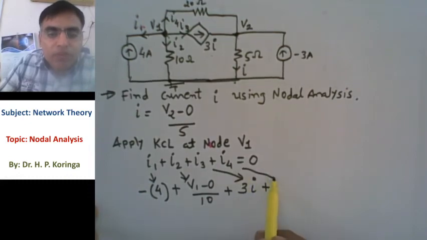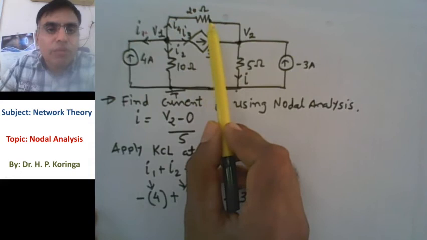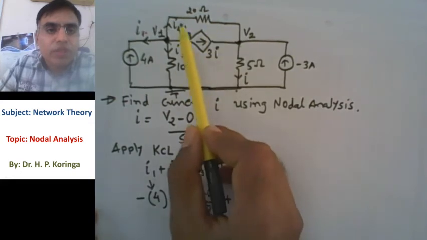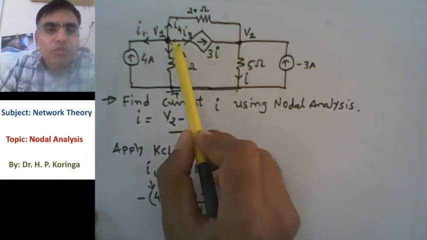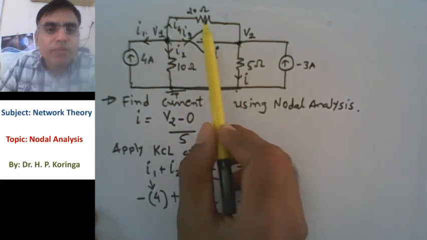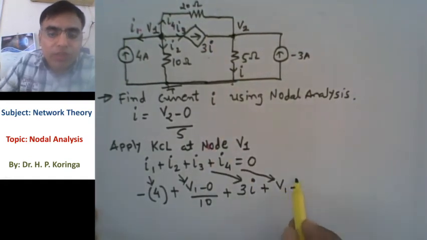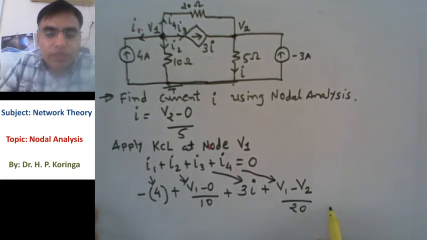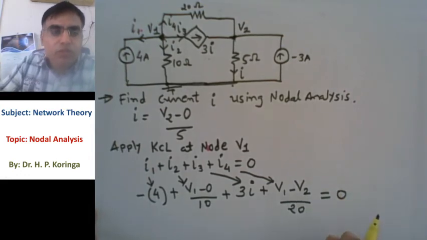Plus I4, the current passing in this 20 ohm resistance branch. I4 goes from V1 to V2, so it is V1 minus V2 divided by 20, is equal to 0.